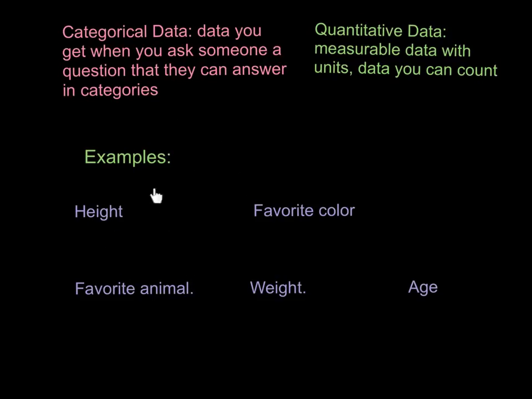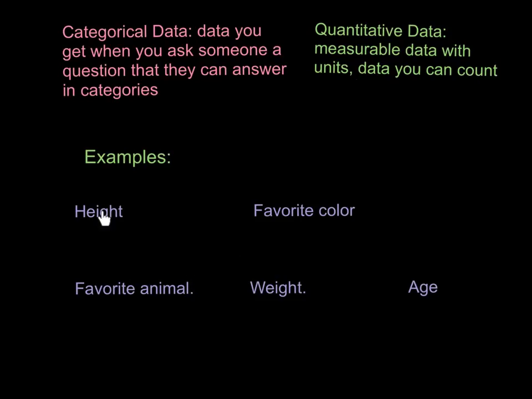Thinking about that, let's look at our examples: height, favorite color, favorite animal, weight, and age. We know quantitative data is measurable data you can count, and you have units.